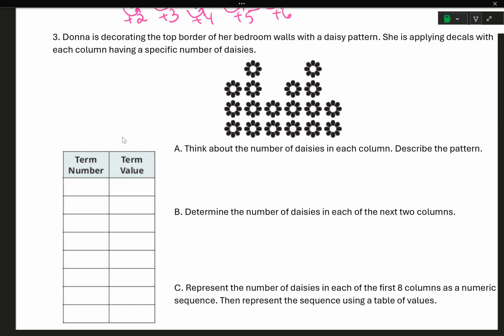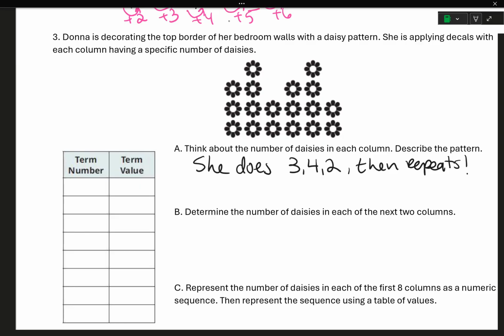Hopefully you notice that the pattern is repeating. She does 3, 4, 2, then repeats. Determine the number of daisies in the next 2 columns.